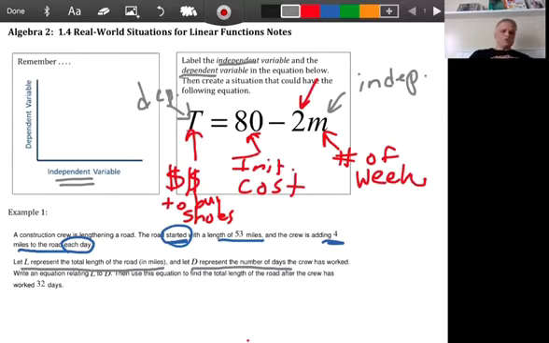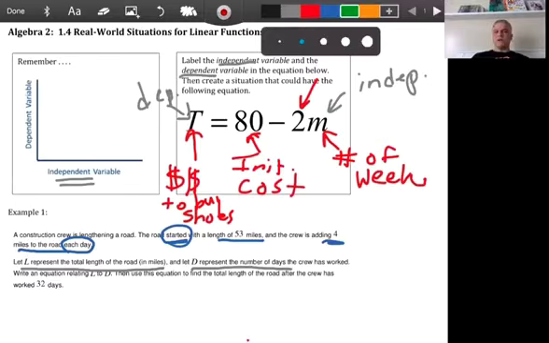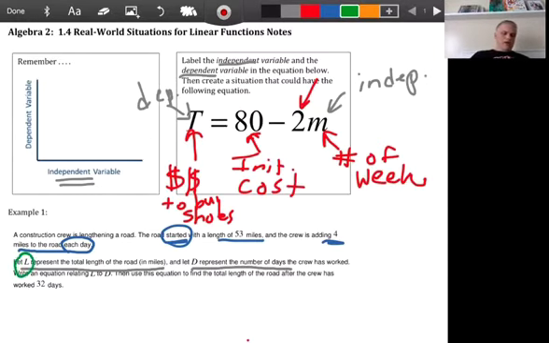Okay, so which of these is my independent and which is my dependent variable? Well, I would say that the amount of road would depend on how many days. So L and D are my variables. I wouldn't say that this much road affects the number of days that are passing.